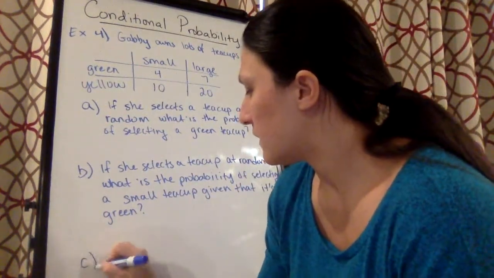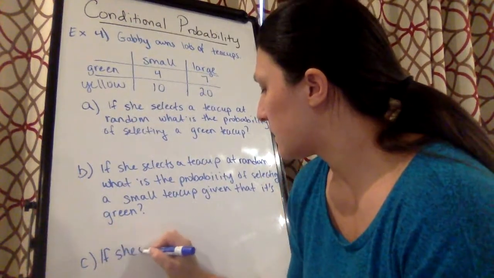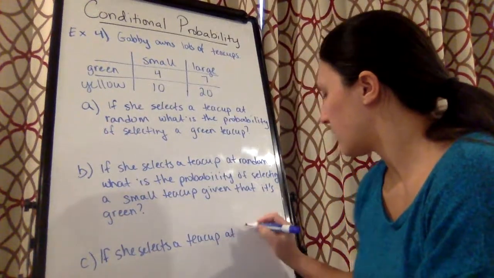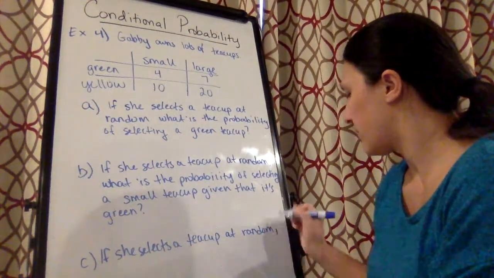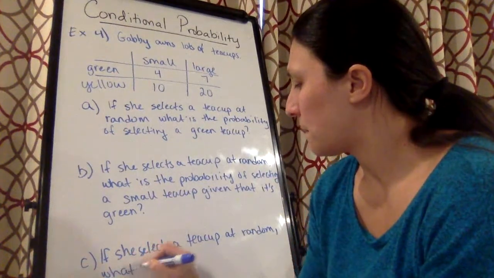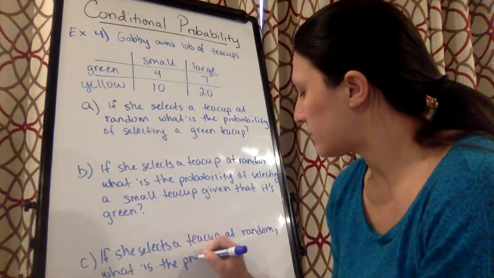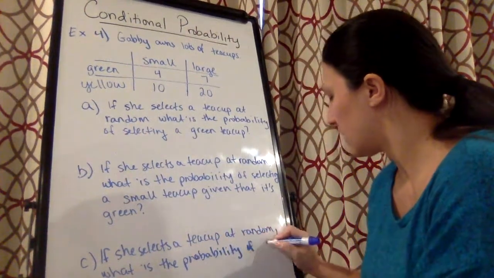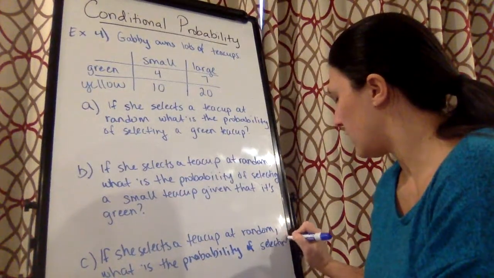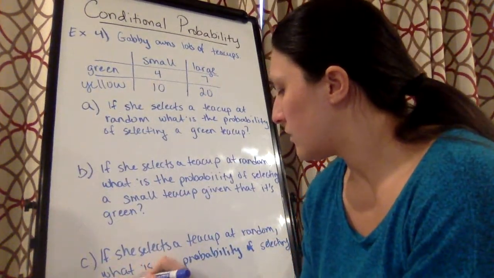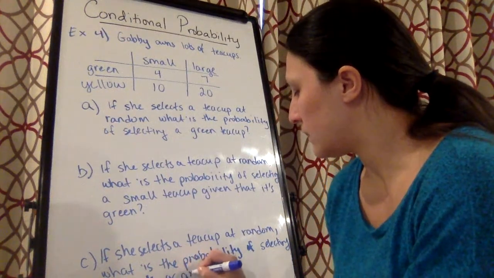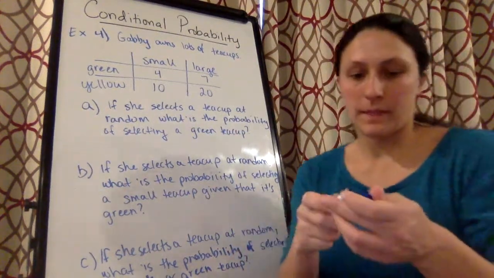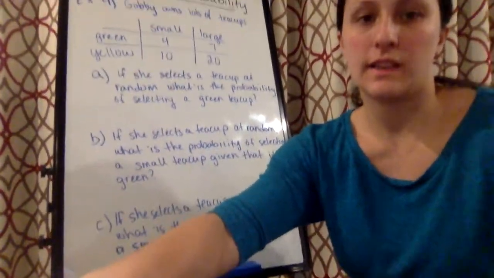Same idea. If she selects a teacup at random, what is the probability of selecting a small or green teacup? Okay, all right. So now we have 3 slightly different questions on here.